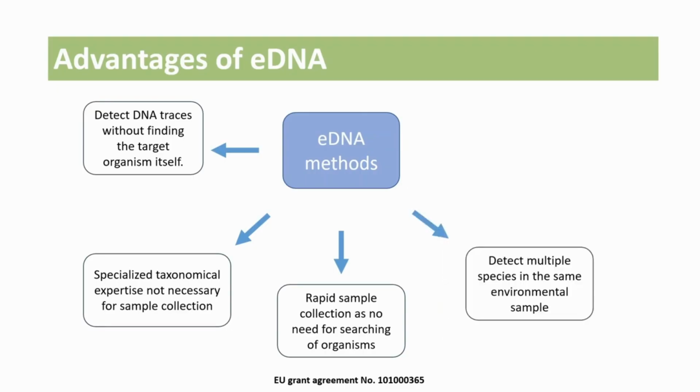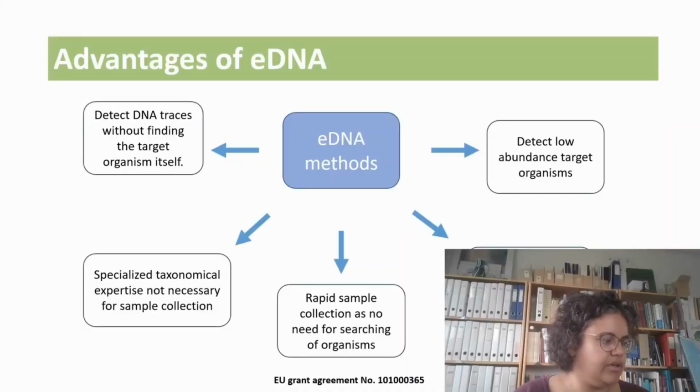During analysis, multiple species, such as both the parasite and snail species, can be detected in the same sample. And lastly, eDNA methods have proven to be highly sensitive when it comes to low abundance target organisms. For snail-borne parasites, that means where there's low transmission, which could be either when snails or parasites invade new areas or when parasite control efforts are going towards elimination.